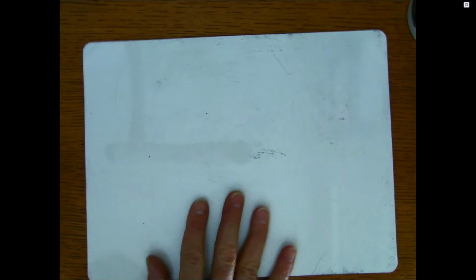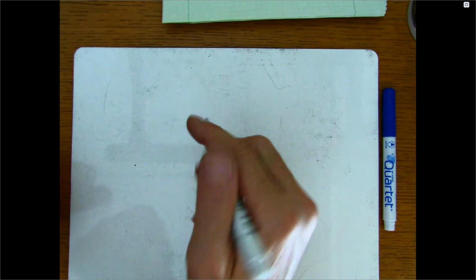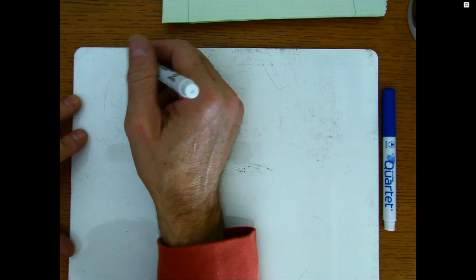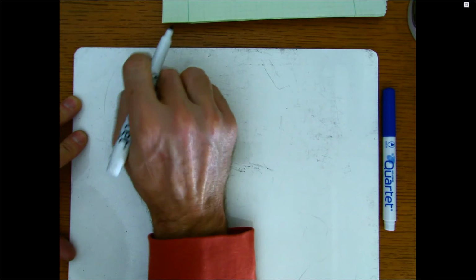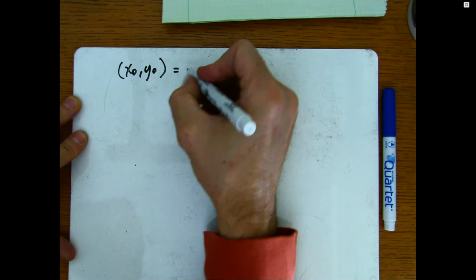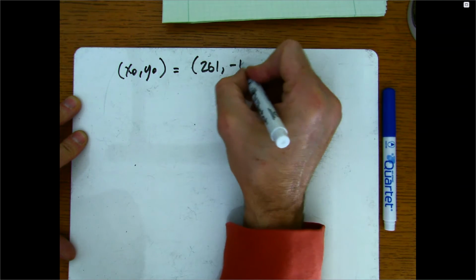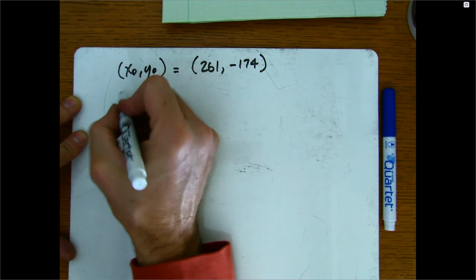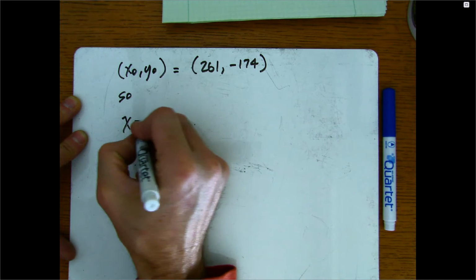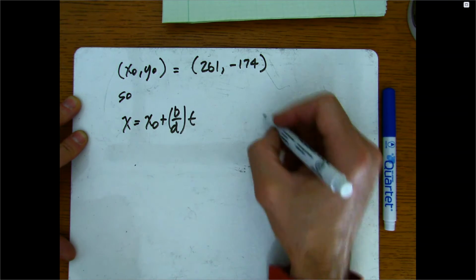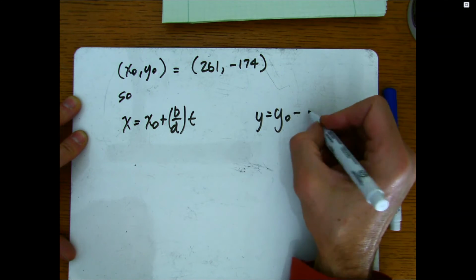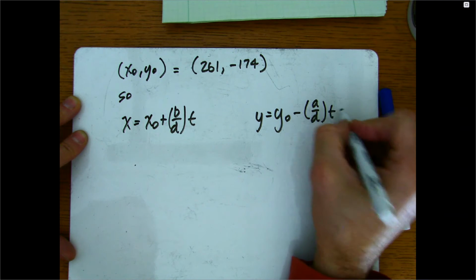So what do we know from the general form? Let's see. x naught, y naught are equal to, just to make sure this is clear to everyone, 261 and negative 174. So what do we have? x is equal to x naught plus b over d times t, and y is equal to y naught minus a over d times t, correct?